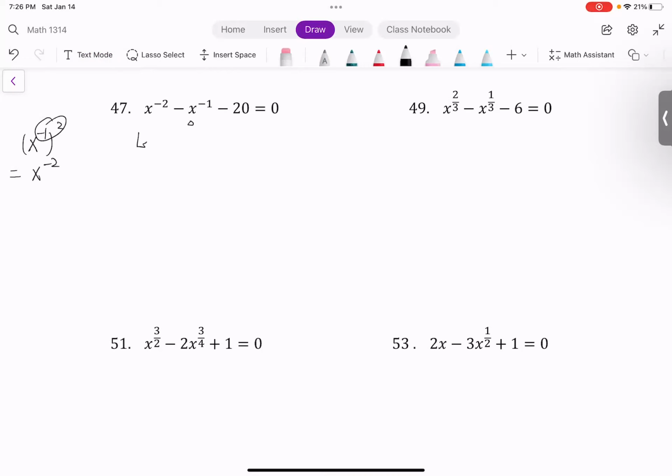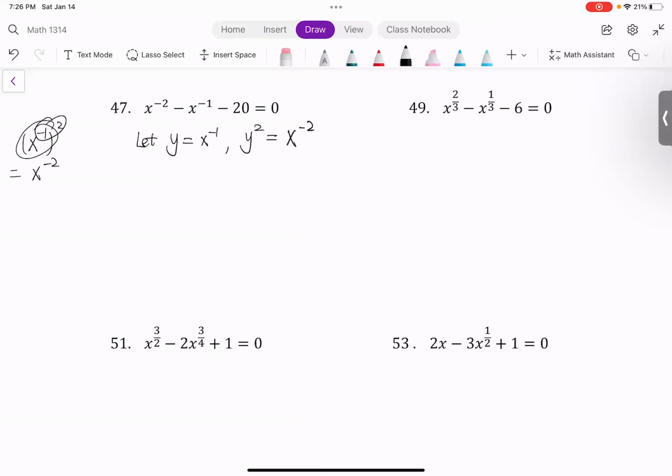So we can let x to the negative 1, the middle variable, equal y. Let's put the y first because in the previous example, we put the y first. Y equals x to the negative 1. Then y squared, you square this one, you have x to the negative 2.